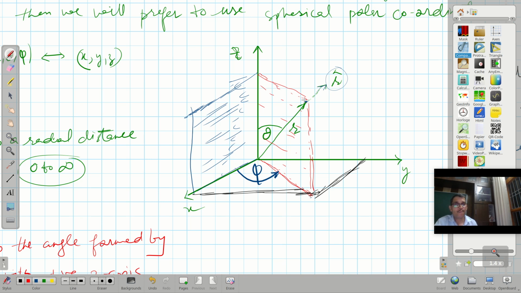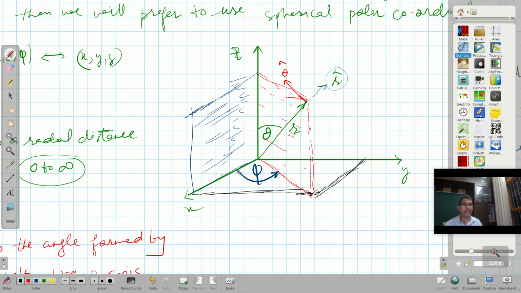Now it is moving like this. So when it is moving like this, say angle theta is advancing in this direction. So if I draw a tangent at this point, then this unit vector is known as theta cap, the direction in which theta is advancing.